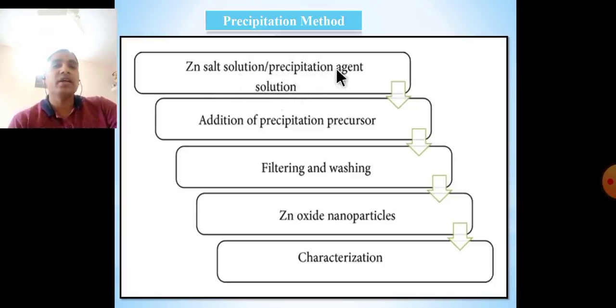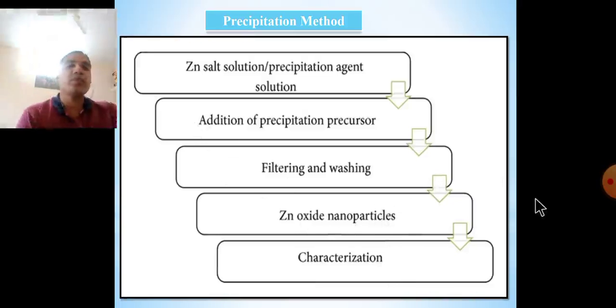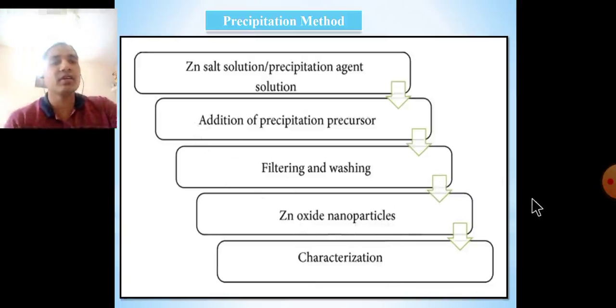A precipitating agent solution is added to this salt, then the precipitation precursor is added, then precipitation forms, followed by filtering and washing with alcohol and distilled water, then zinc oxide nanoparticles form, followed by calcination and characterization of the zinc oxide nanoparticles. This is the technique.